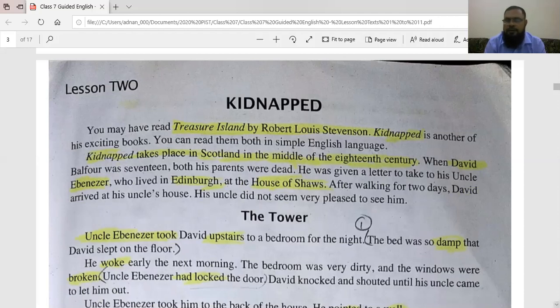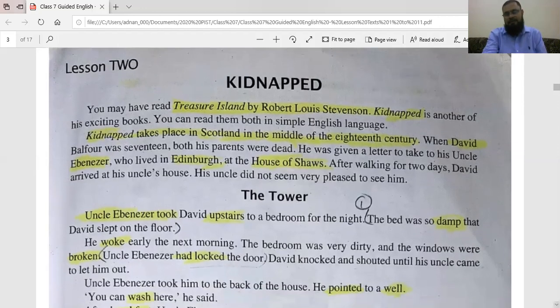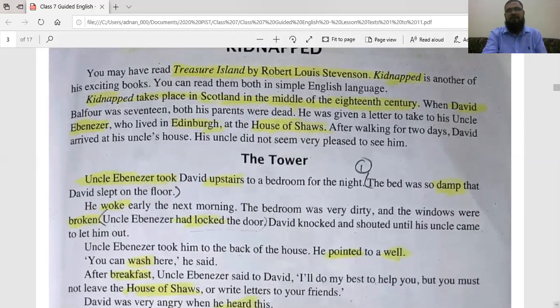After walking for 2 days, David arrived at his uncle's house. His uncle did not seem very pleased to see him. Now, students, you must be clear that this is not the full story. This is only a part of the story. The name of the chapter or the part is called The Tower.